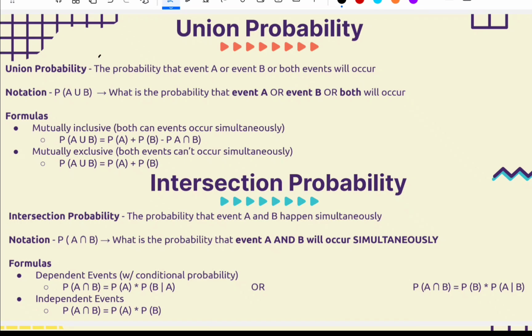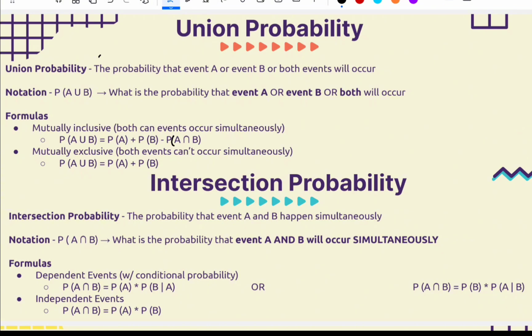When you have events that can occur at the same time, they have an intersection. And so your union probability equation would be the probability of A plus the probability of B minus the probability of A and B. So those are for mutually inclusive events, or events that can happen simultaneously.